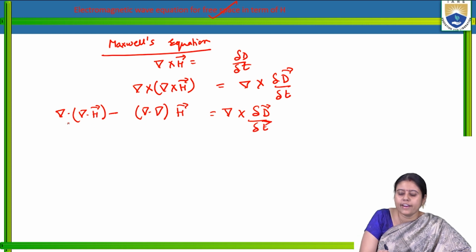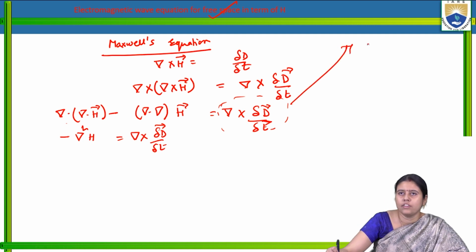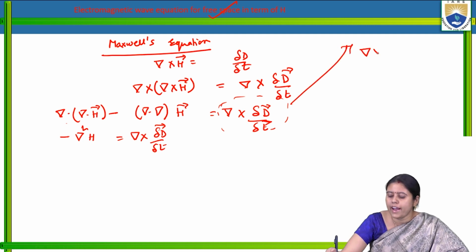What is this? Again, div H is equal to 0. So minus grad square H is equal to curl of del D by del t. I am taking only this RHS. So what we got is curl of del by del t into D.